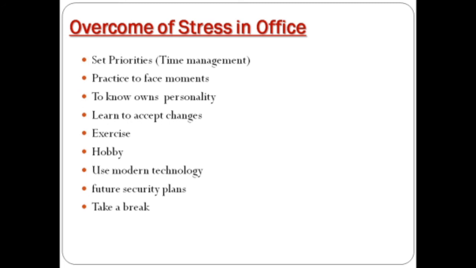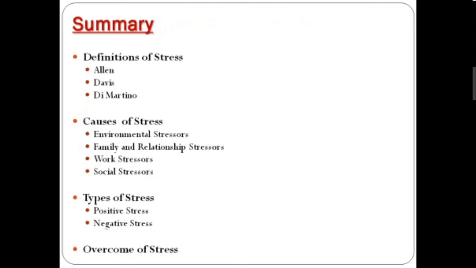Ninth and most important trick to overcome stress is to take a break and refresh yourself and then go back with a new and fresh mind. So these are some useful tricks or solutions to overcome stress in office and in life also.